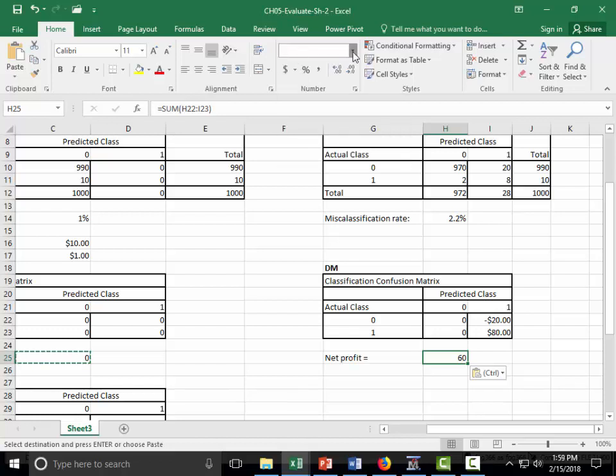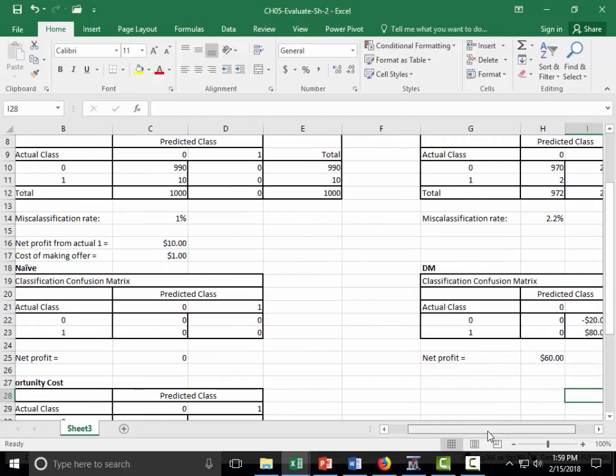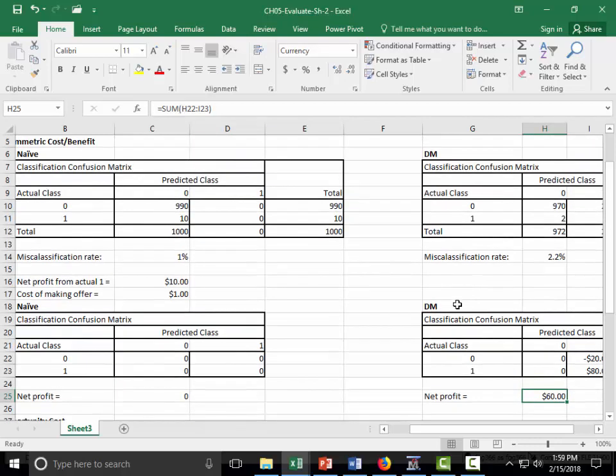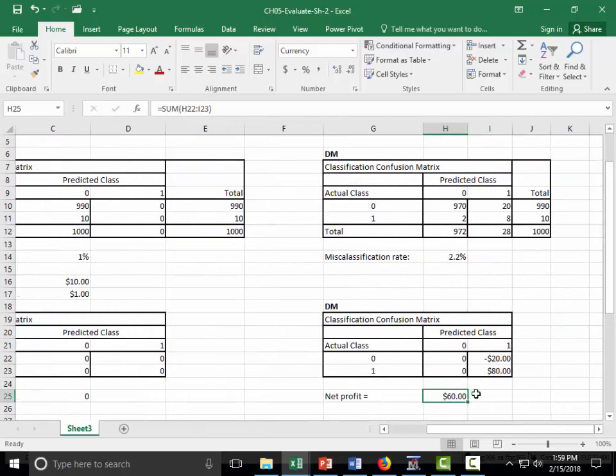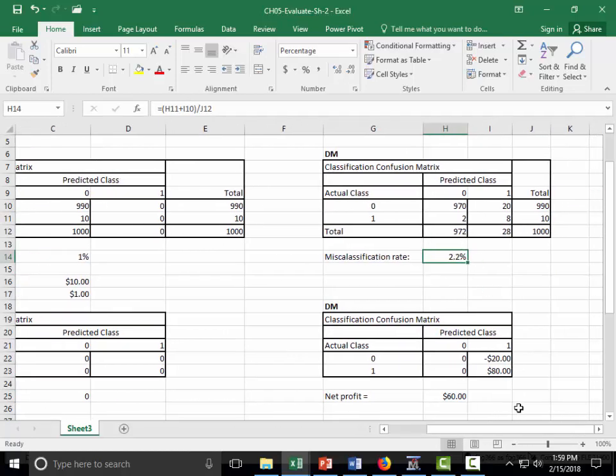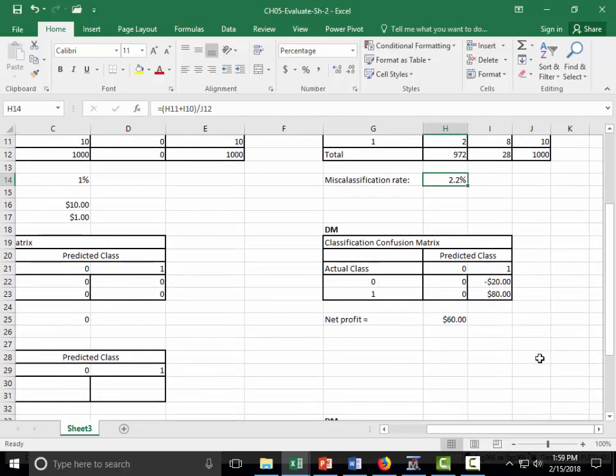Now, based on this analysis, you see that this data mining method is better than the naive method because 0 profit against $60 profit. Okay. So the classifier here has the $60 net profit. Misclassification rate for the classifier is 2.2%.